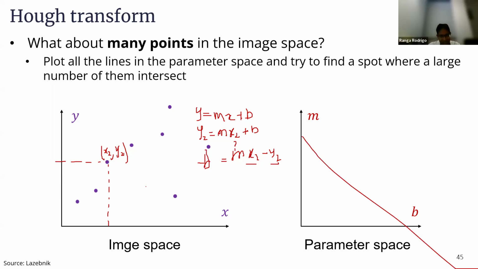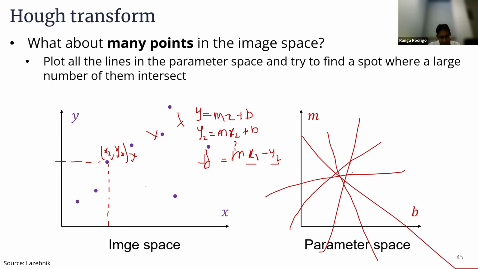With that, we draw a line here. For the next point also, we draw another line. For this point also, we draw another line. For this point also, we draw another line. After we draw so many lines, they will cross at one single point. That single point corresponds to one b, let's say it's 5, and one m, let's say it's 2. So now we found the parameters of the line. m is 2, b is 5.